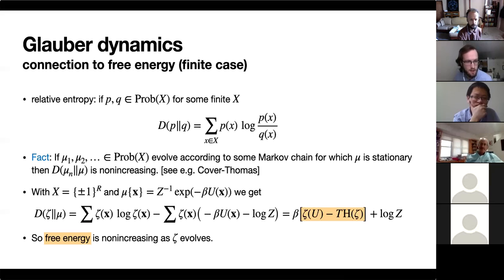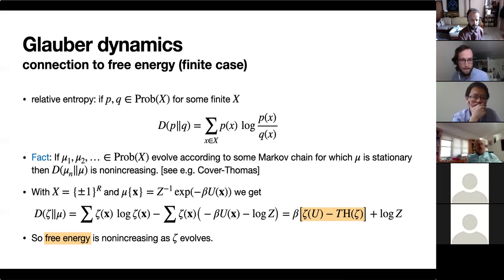And a neat fact is that if I have a sequence of measures on X which are evolving according to some Markov transition kernel, and then I have some other measure mu which is stationary, so invariant under the kernel, then the relative entropy is non-increasing.